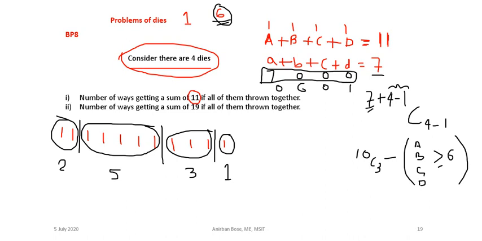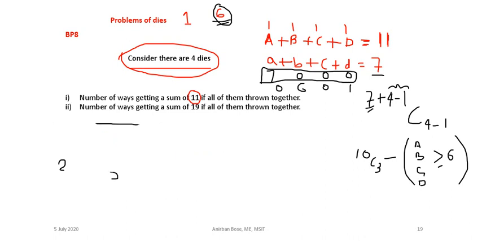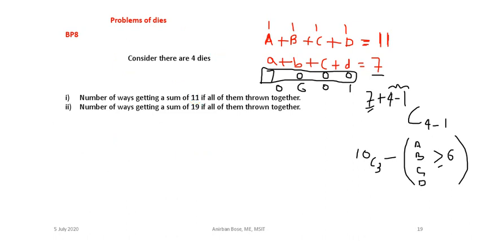Capital A, B, C, D values greater than or equal to 6, these cases are not allowed. So let us find out how many such cases there are where A, B, C, D are greater than or equal to 6. To find the cases where A, B, C, D are greater than or equal to 6, we are thinking about it in that way.